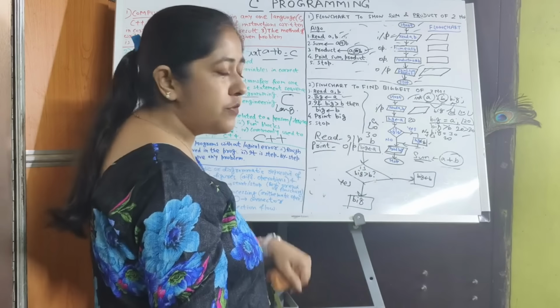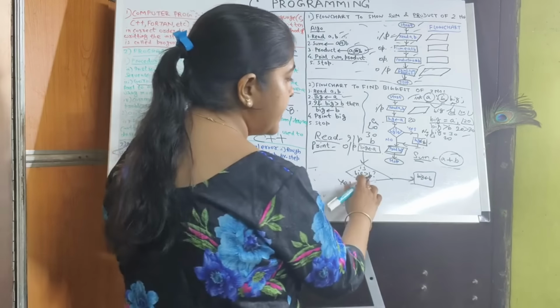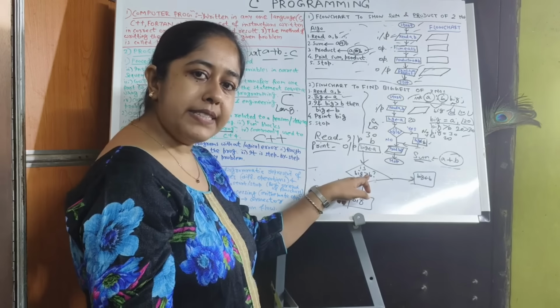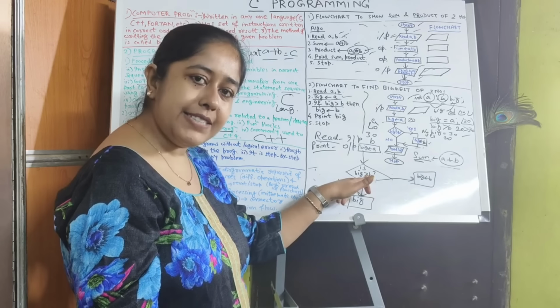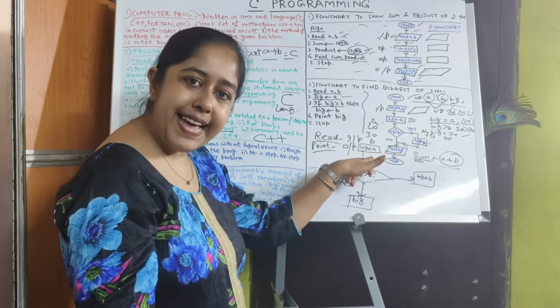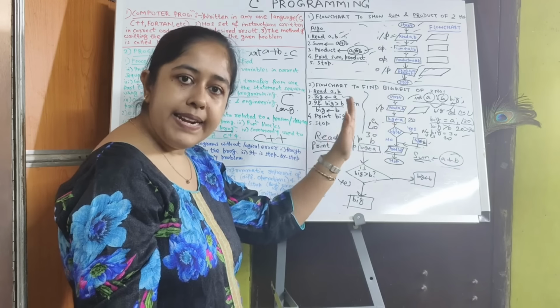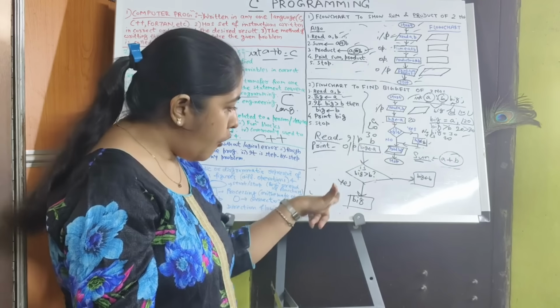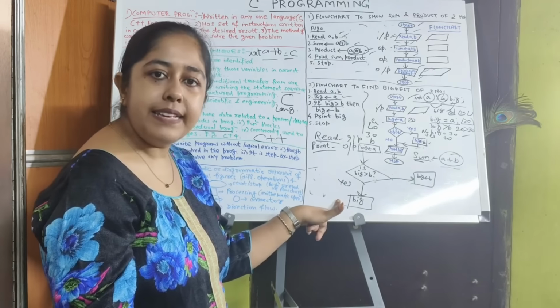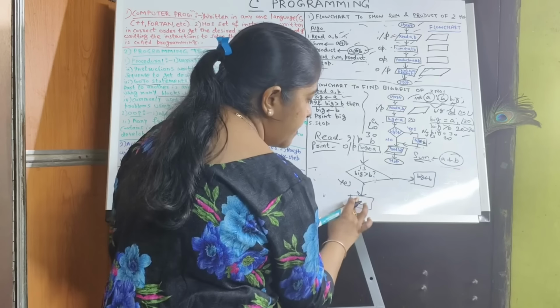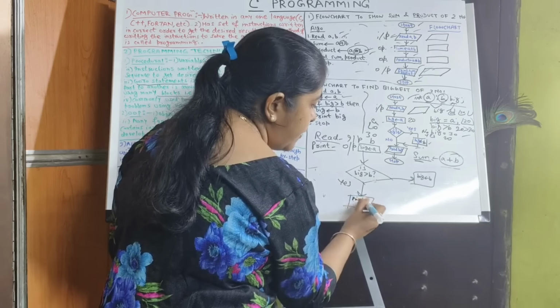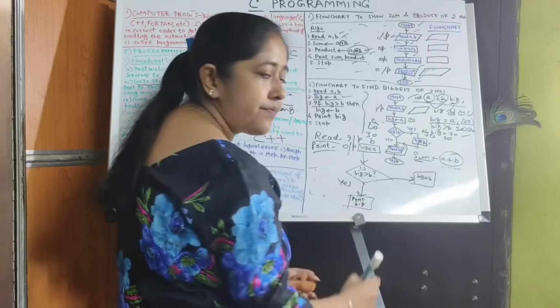Same thing will happen. If yes, that big is greater, that means my A is greater. So whatever I have assigned previously, that is the answer only. So obviously I will just print this big. I will print the value of big.